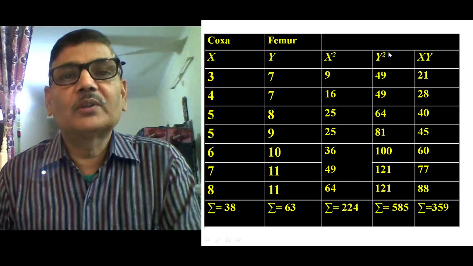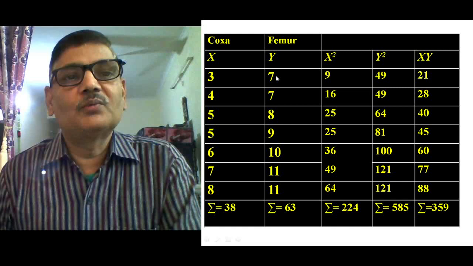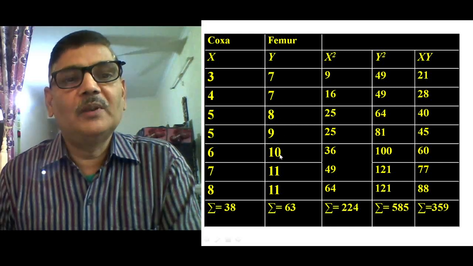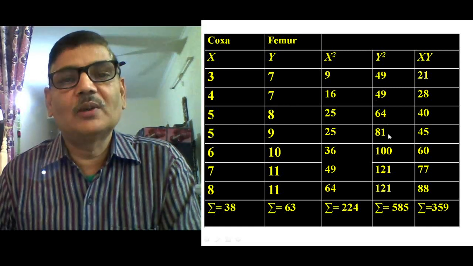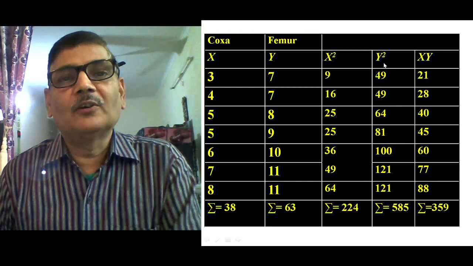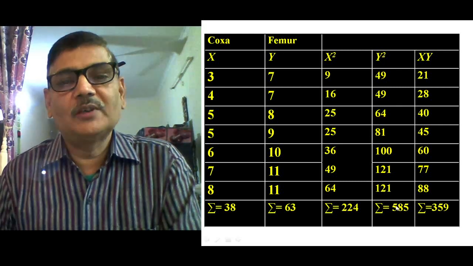Now in the fourth column we find out y square, that is, these values of y are being squared. So 7 7s are 49, 7 7s are 49, 8 8s are 64, 9 9s are 81. This way the y square values have been obtained and their total has come 585.